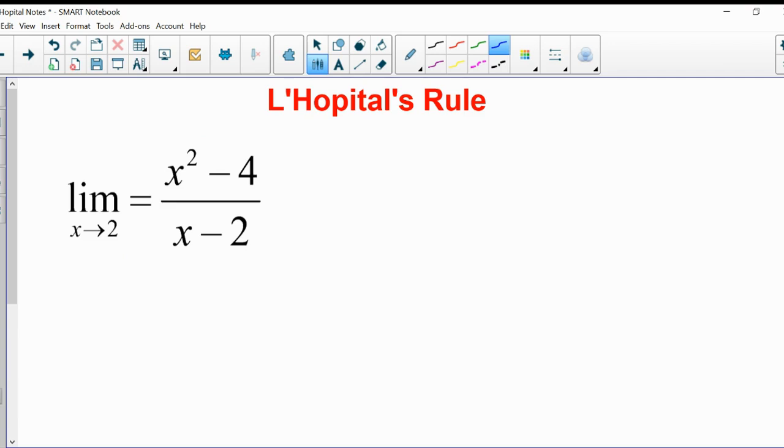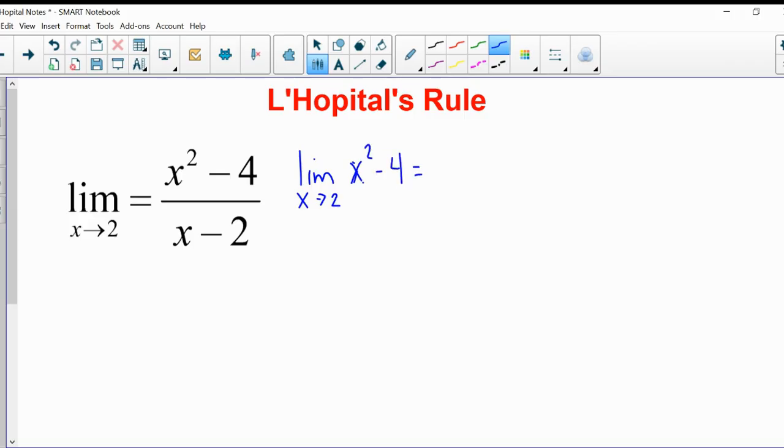In our first example, this one does not need L'Hopital's rule, but we are going to use it to model. This one could be done with factoring and then direct substitution. So the first thing that I will do is find the limit of the numerator separate from the denominator.